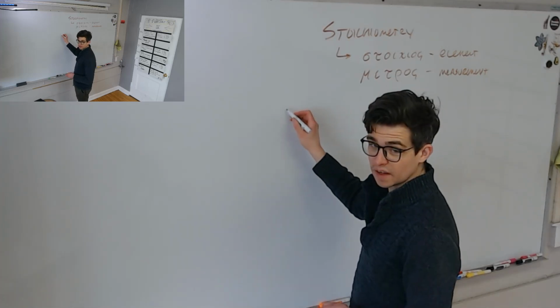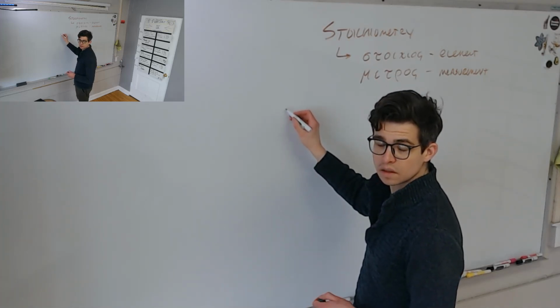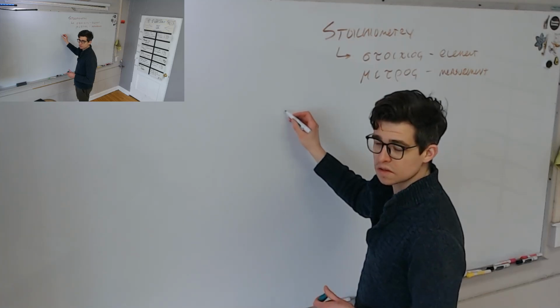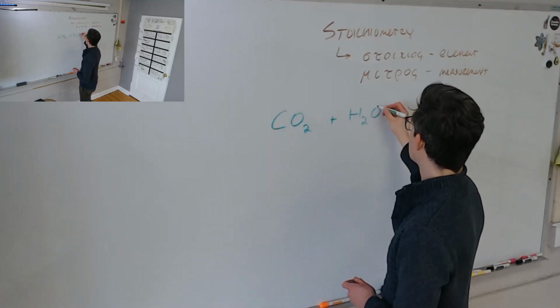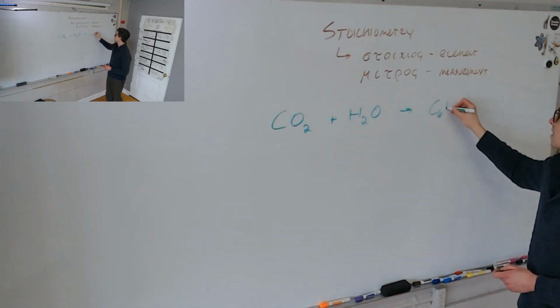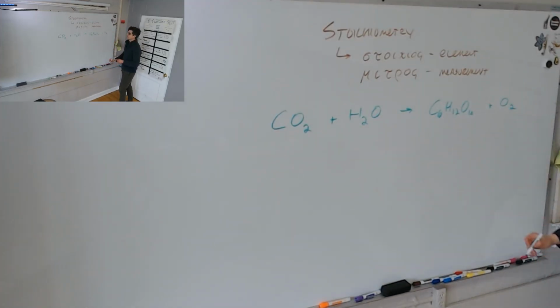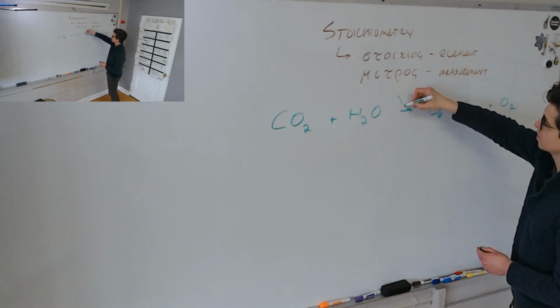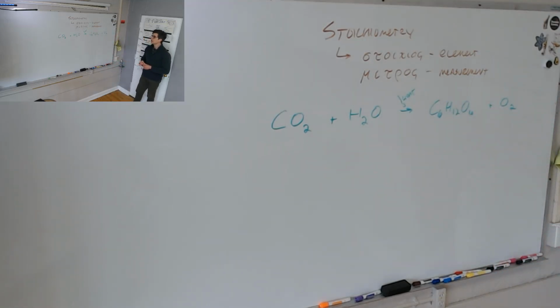Okay, let's not start with that because that's a product. What are the reactants in photosynthesis? CO2 plus H2O. CO2 plus H2O yields C6H12O6, glucose sugar, plus oxygen gas. And this only happens in the presence of light. Okay, photosynthesis. A chemical reaction.